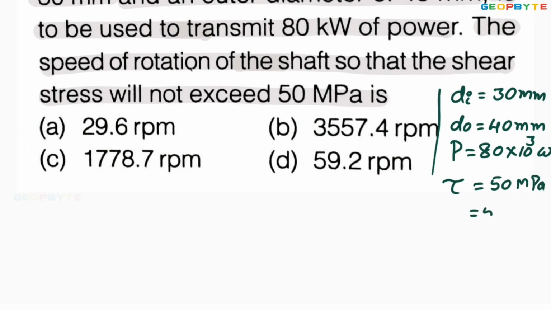The same value I can write as 50 Newton per mm square because 1 megapascal is equal to 1 Newton per mm square. You are asked to find the speed n.